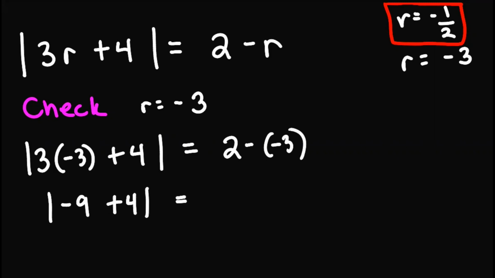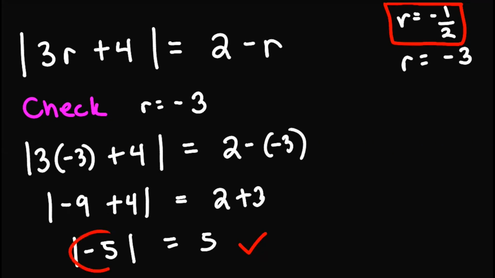And on the right side, we've got 2 minus negative 3, which is simply 2 plus 3. Simplifying, we've got the absolute value of negative 5 on the left, and on the right side 5. And this one is also true, since, again, by absolute value, we simply take the positive version of the number inside it. So the positive version of negative 5 is simply 5. So this one is correct. And so we have our two solutions, which are r equals negative 1/2 and r equals negative 3.